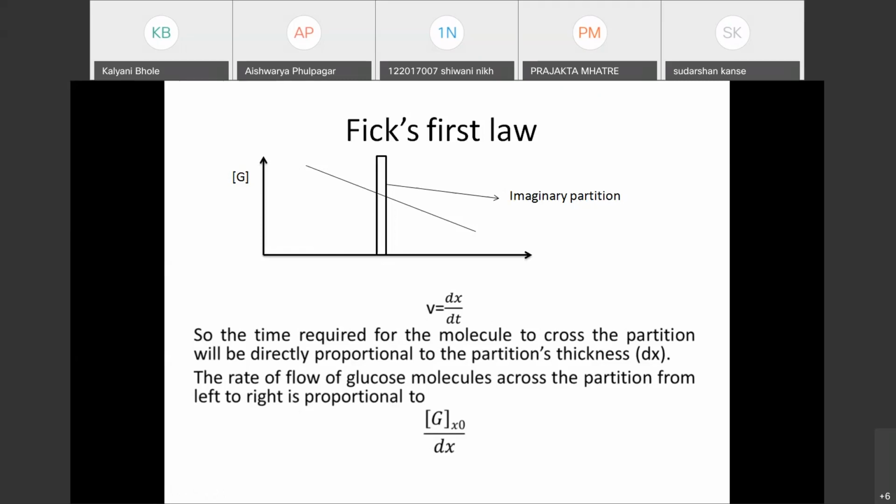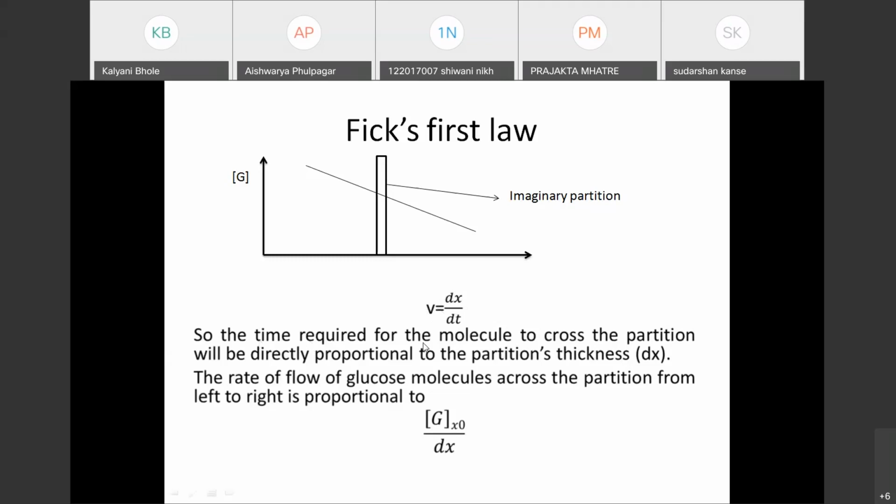Similarly, for diffusion of particles, we want a similar rate-of-flow measure that incorporates time for a molecule. We call it V, where V is equal to dx by dt. It is nothing but the rate of flow of molecules across the partition, and this is what we want to calculate.